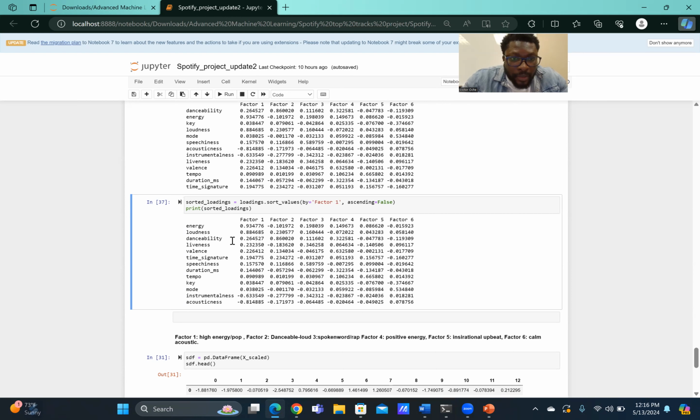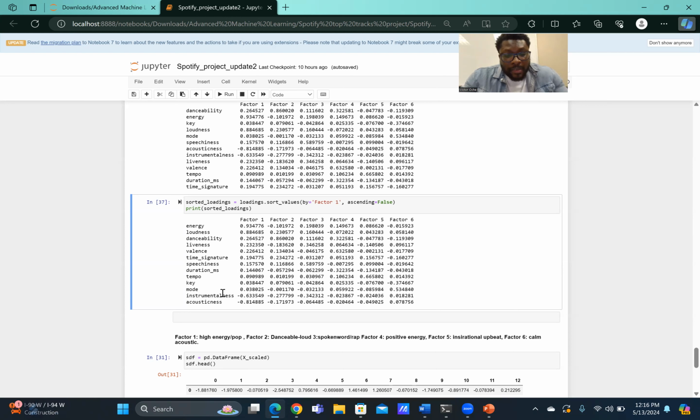So factor 1 here is a piece of music that prioritizes energy with the strongest loadings: loudness, danceability, liveness, valence, the time signature, which tells us that it's a song, speechiness, duration, tempo, key, and mode.